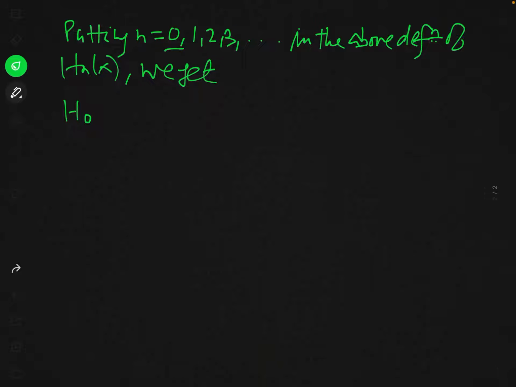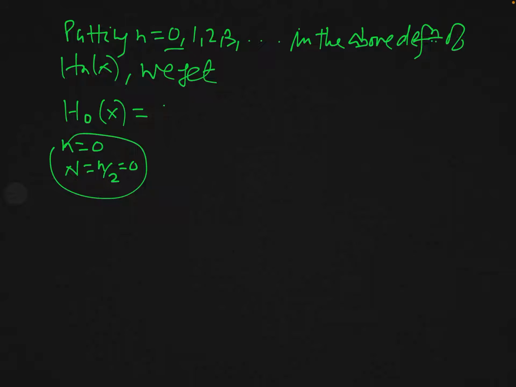When n is 0, the Hermite polynomial will be denoted by H0 of x. In this condition, since n is equal to 0, capital N will be equal to n over 2, and that will also be 0. So the upper limit of this summation will also be 0. It means the summation runs from 0 to 0, so there is no need to sum up.